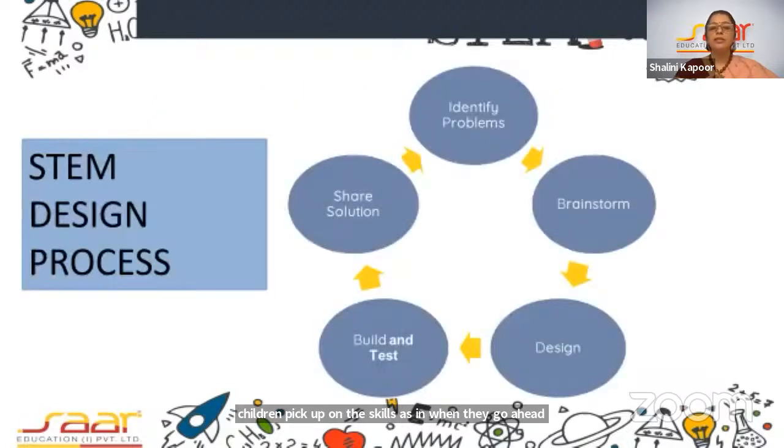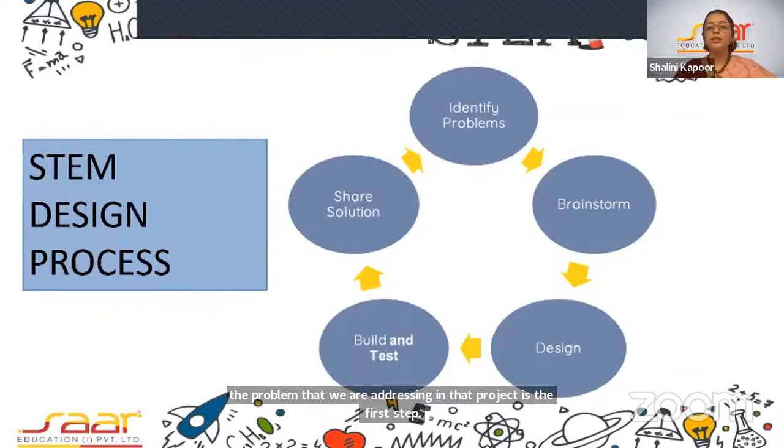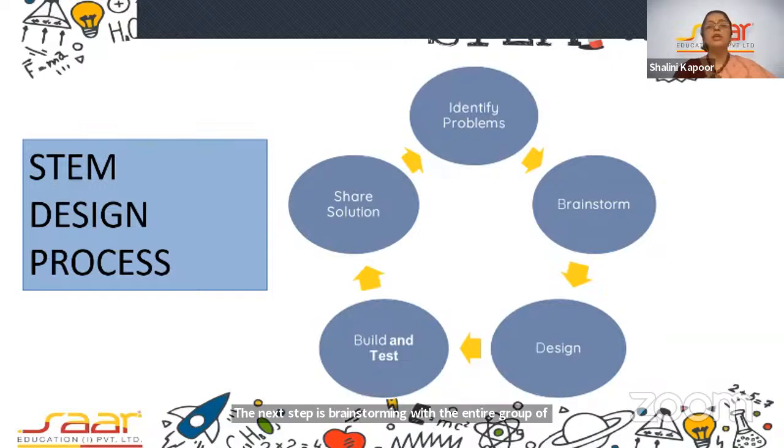Now, the entire STEM design process has a cycle that is followed. The first step is identifying the problem: what is the problem that we are addressing in that project. The next step is brainstorming, where the entire group of 4 or 5 students will sit together and brainstorm how they want to answer that challenge. The third step is design, where they actually do it hands-on and create the design.